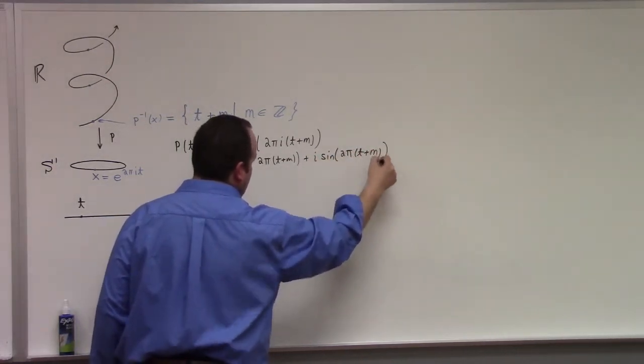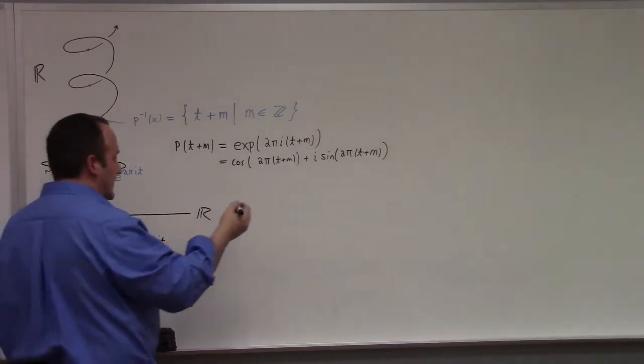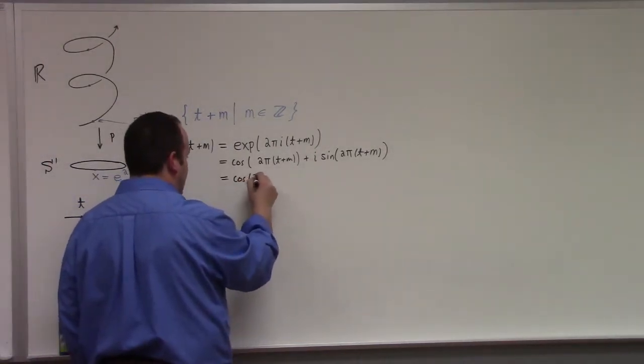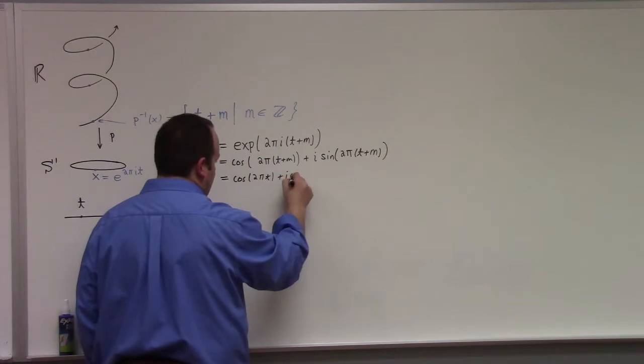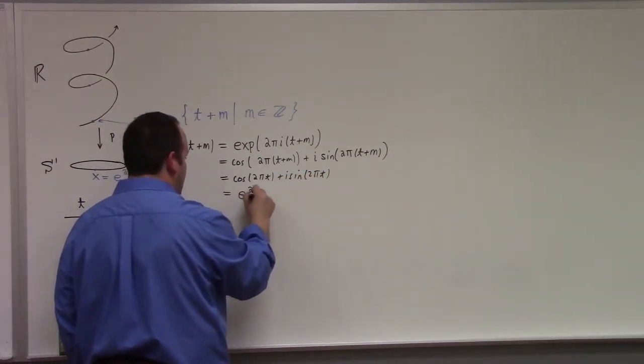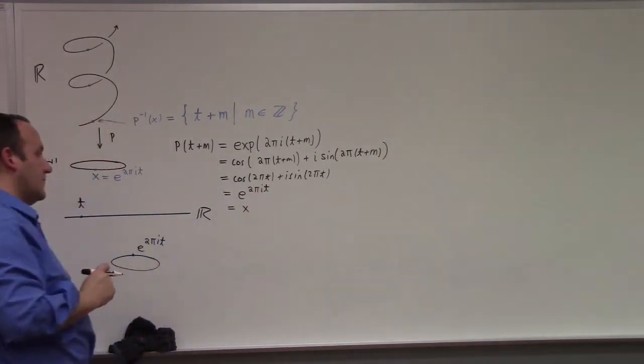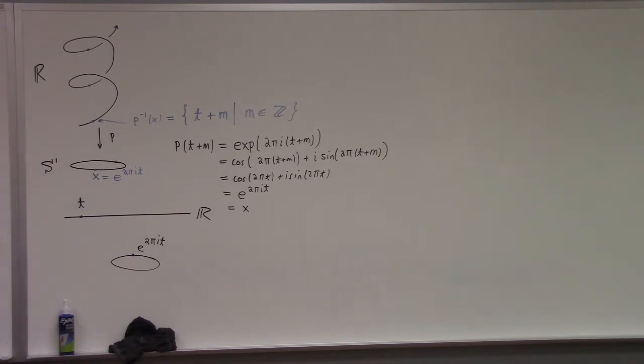But we know sine and cosine are 2 pi periodic, and so likewise the imaginary exponential in this context is periodic, which is to say I can rewrite this as cosine of 2 pi t plus i times the sine of 2 pi t. And that's nothing more than e to the 2 pi i t, also known as x. So I've just shown that p of t plus m maps to x for arbitrary integers m, right?